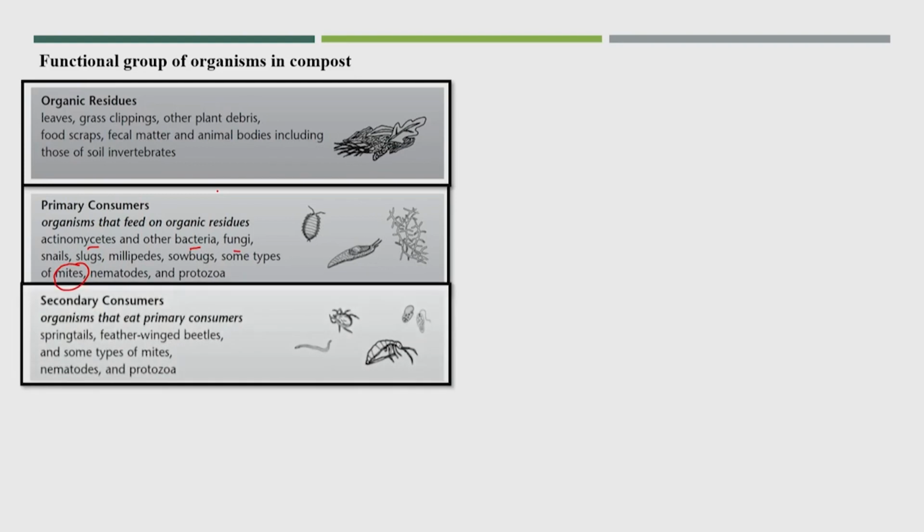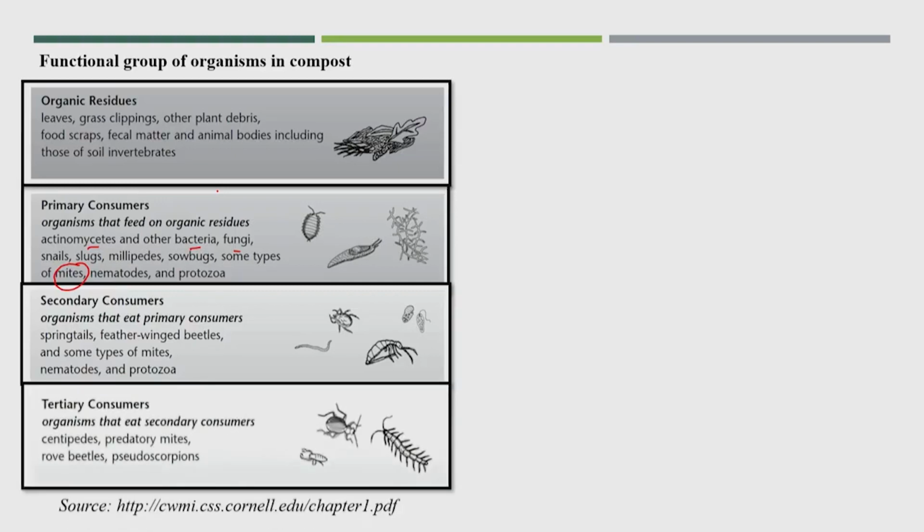Now, once the primary consumers degrade, the secondary consumers will come up. Secondary consumers could be springtails, some other kinds of mites, even nematodes and protozoa, that is also possible in the composting process.